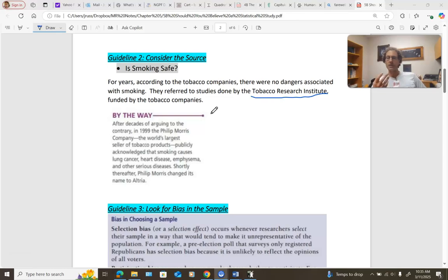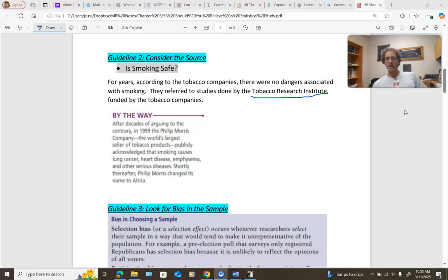That's how you get the most objective results. And unfortunately, guys, a lot of the pharmaceutical companies do their own testing, and that's one of the reasons that we need things like the Food and Drug Administration.